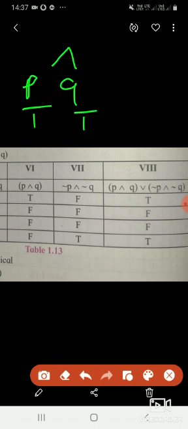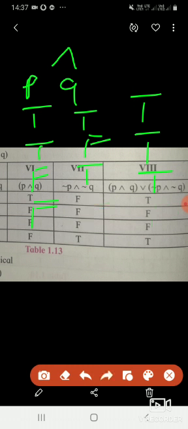First one OR second one, we have to find out. What is the OR table? If both are true, true. P, Q both true, it is true. True and false is also true. False and true is also true. Both are false, then it will be false.